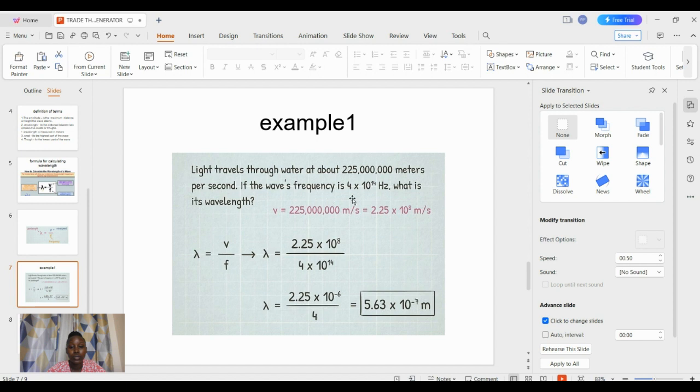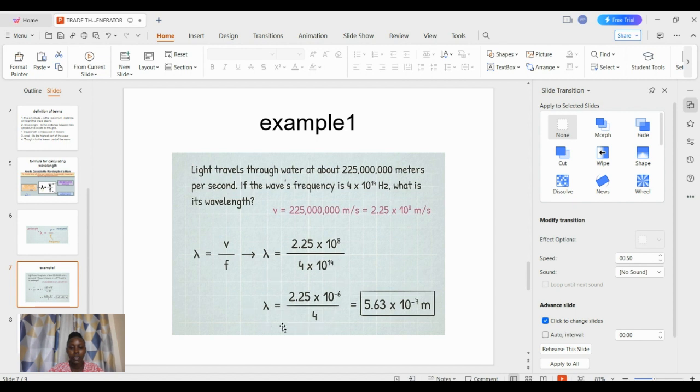The frequency also is given: 4 times 10 raised to power 14 hertz. Therefore, our lambda will be 2.25 multiplied by 10 raised to power 8 divided by 4 multiplied by 10 raised to power 14.